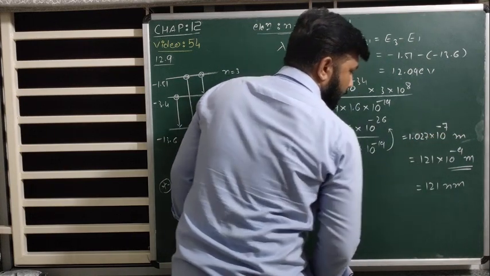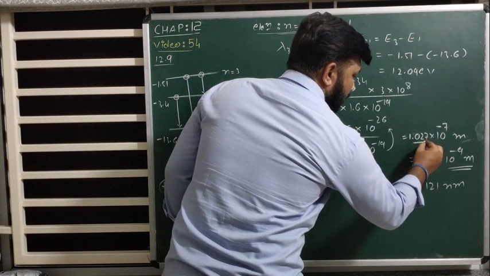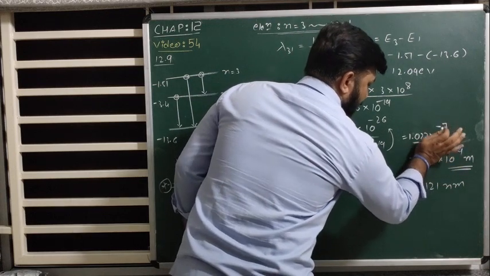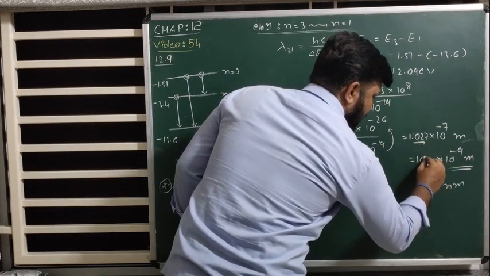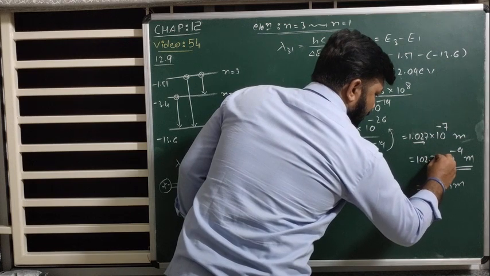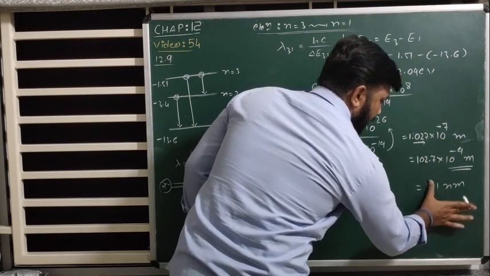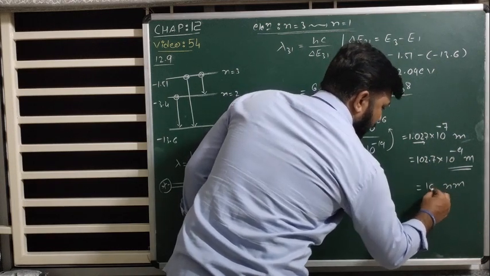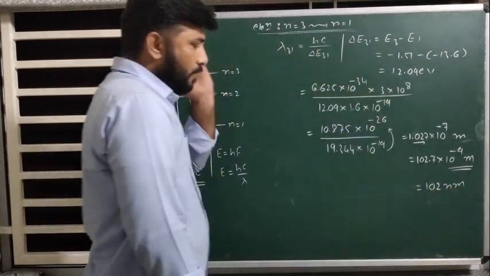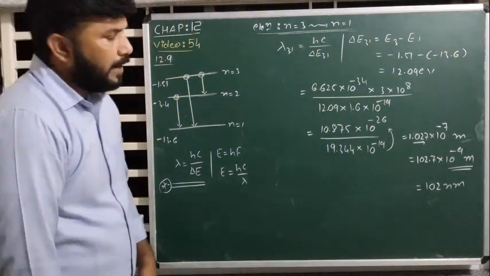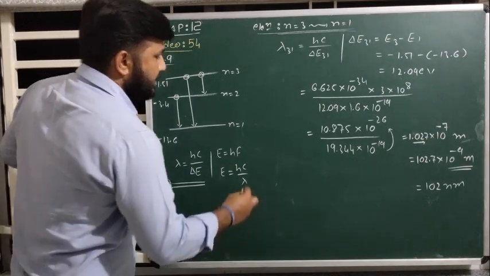Take 2 points here, so we get 102.7, and here we will get about 102 nanometer. It is very easy.